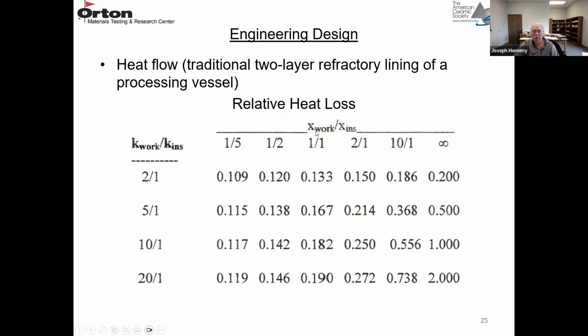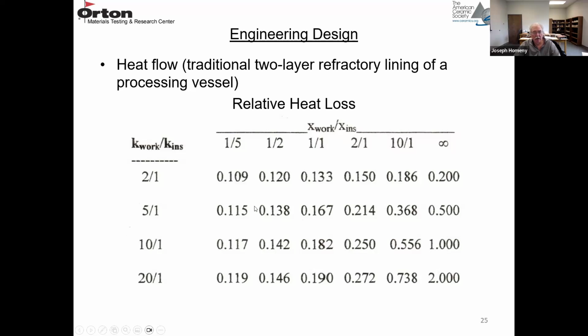And then the ratio of the thicknesses of the lining, X working lining and X insulation, would be the thickness of the insulation. Those ratios are 1-to-5, 1-to-2, 1-to-1, 2-to-1, and 10-to-1. And infinity, that means there's no backup insulation. It's just the working lining.